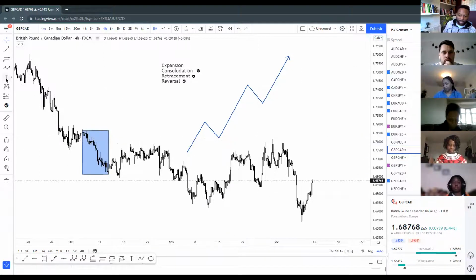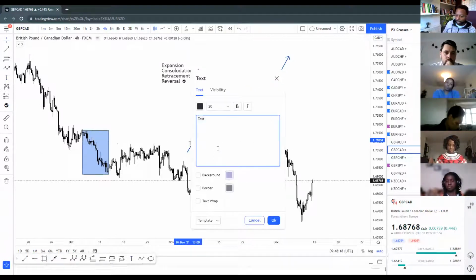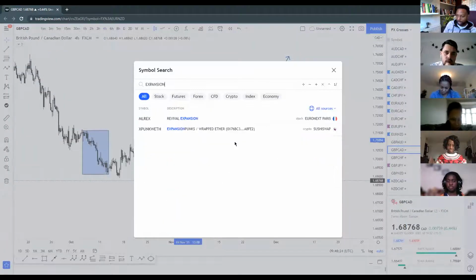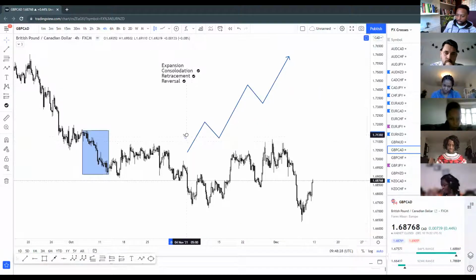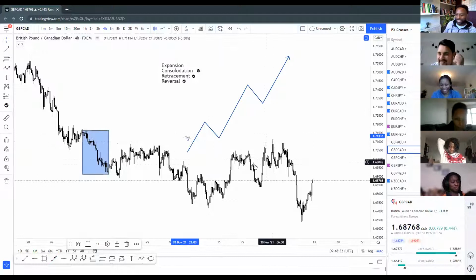So let's just label these off. Really simple. Leon, can you just say what a retracement is again, please? It's the opposite of expansion. That does not explain it. Okay, watch. I'm going to explain them both right now.